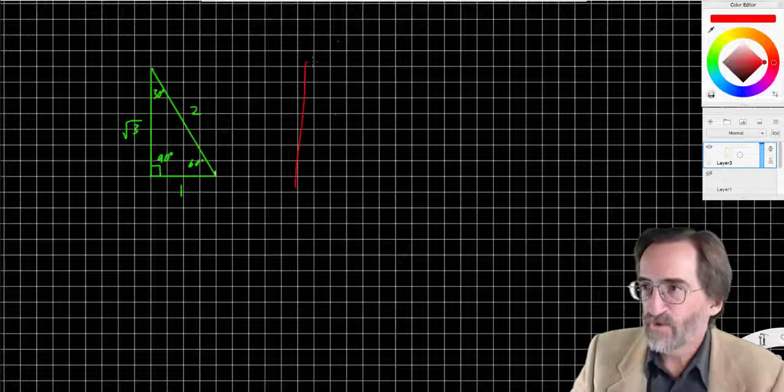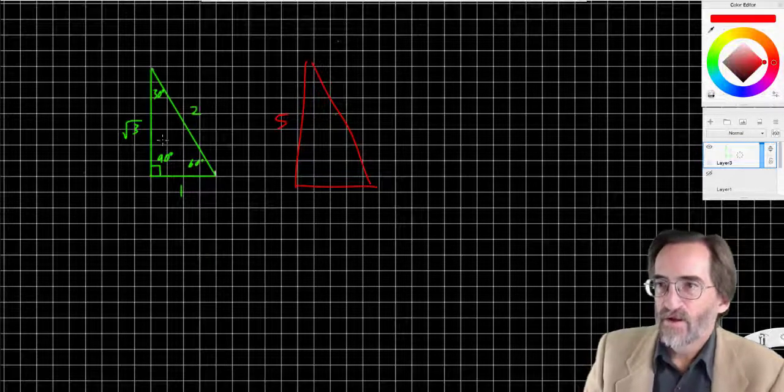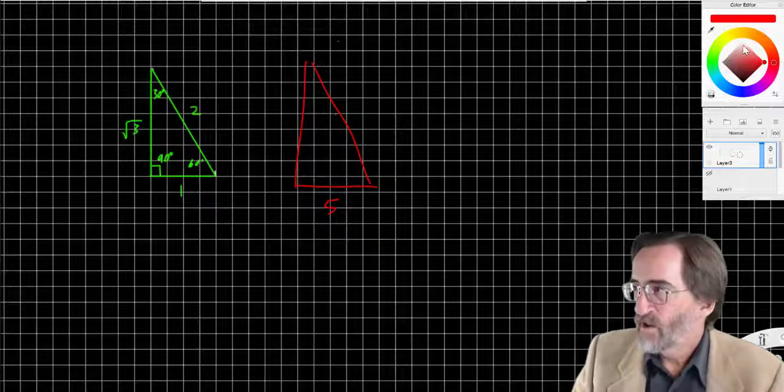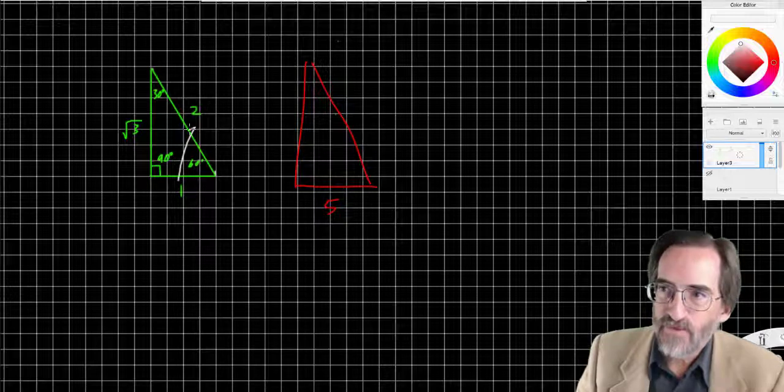So for example, let's say I've got a triangle where I know the length of this side is 5. Actually, I'm going to start with the easier one. I'm going to say the length of this short side is 5. And then I'm going to use this pattern here. In order to get from the short leg to the hypotenuse, I can multiply by 2.